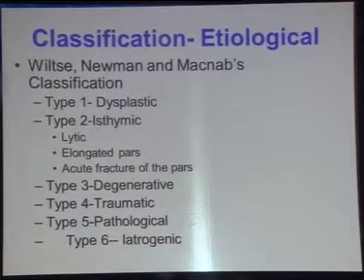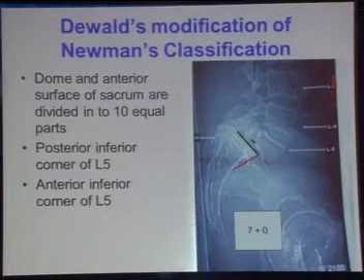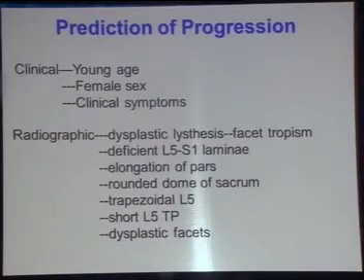So there are different classification systems as already mentioned. And to know when we should treat, we should know what the predictors of progression are. Clinically, younger age, female sex, and persistent clinical symptoms warrant treatment.